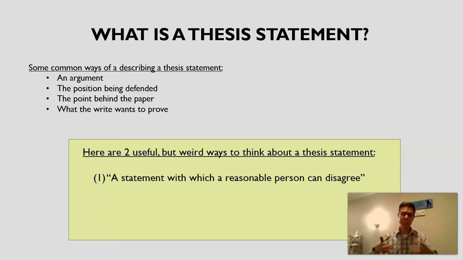Someone else could take a reasonable position on the other side. They can insist on the constitutional right to have a weapon, right? They can think about whether having a gun makes you safer as opposed to in more danger, right? There are ways that you can take the other side of the argument if it is in fact a strong thesis statement.